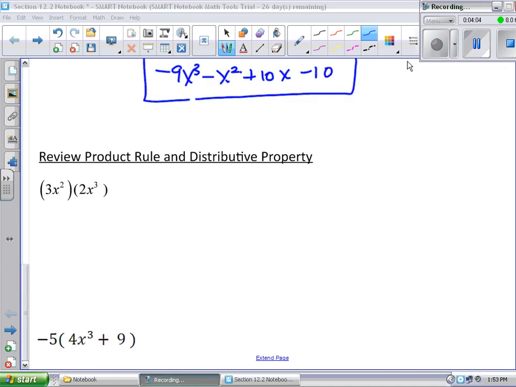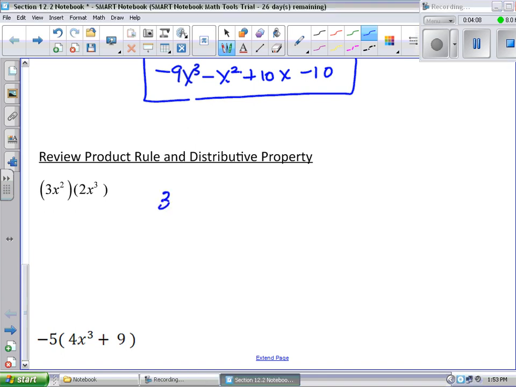I want to review real quick the product rule and the distributive property. When I multiply 3x squared times 2x to the third, I will need to multiply the 3 times 2, and that will give me 6. And when I multiply the x squared times the x cubed, when you multiply like bases, you add the exponents.